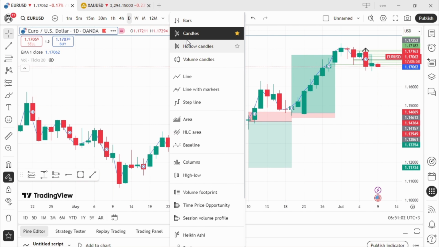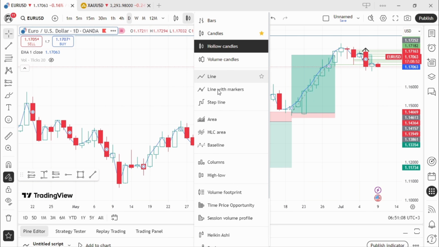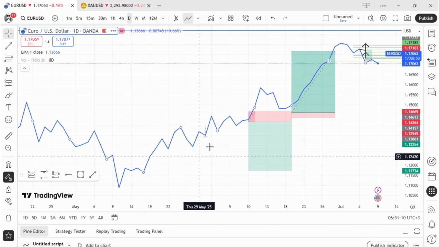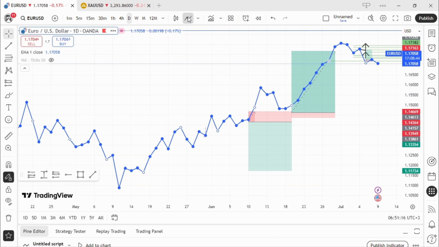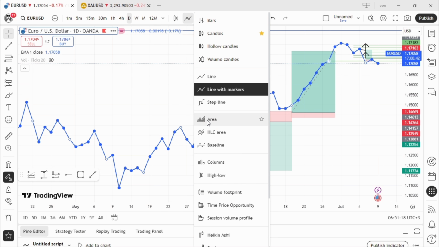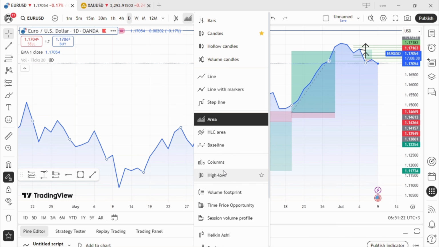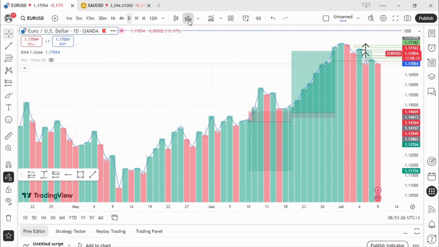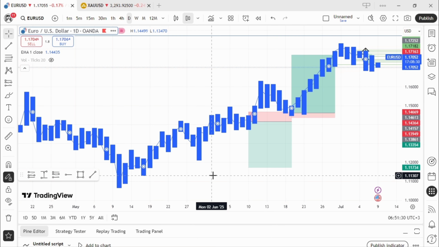You can choose to use hollow candlesticks. You can choose to use a line chart. You can choose to use lines with marks. You can choose to use area. TradingView has also columns. You see these volume bars, you can use high and low.